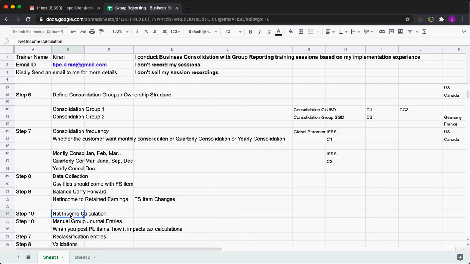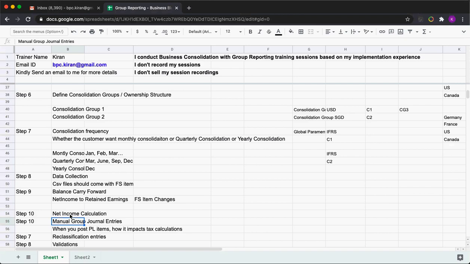So you have to identify one net income account in P&L, a financial statement item, and also, for the same net income, identify the balance sheet net income account. Create that, so you have to mention it.